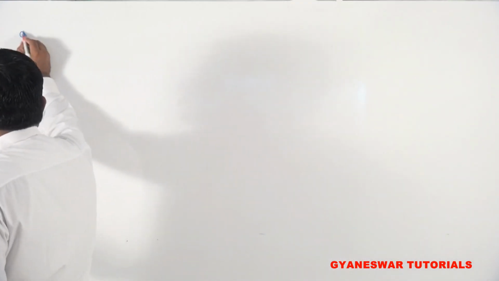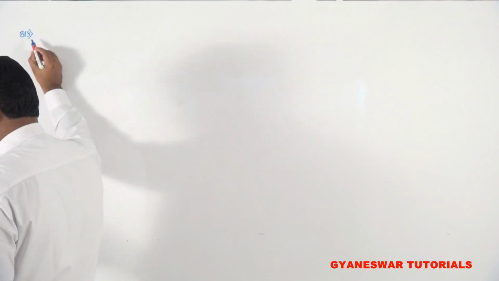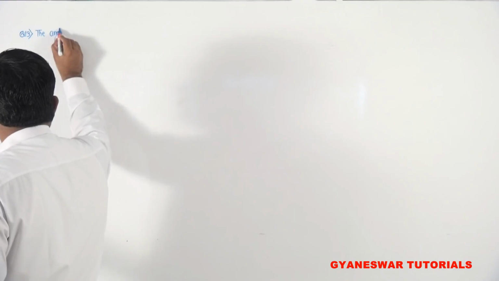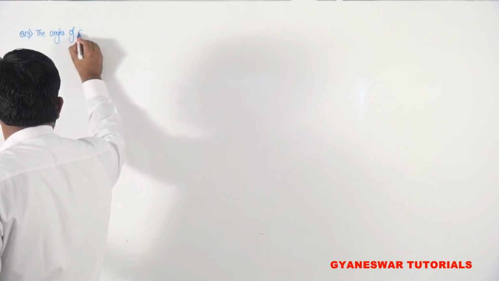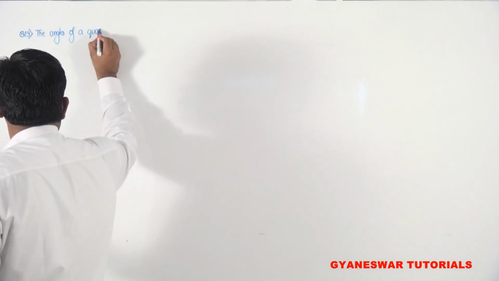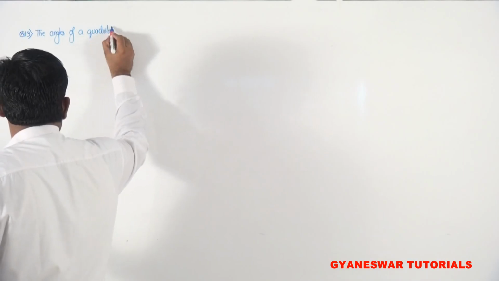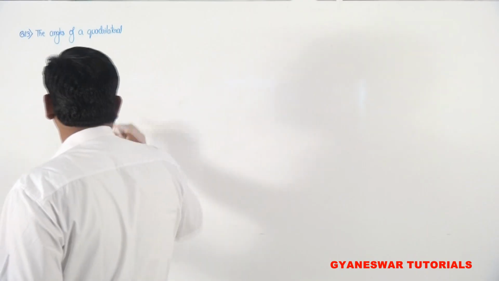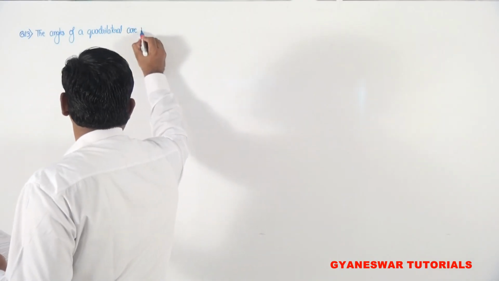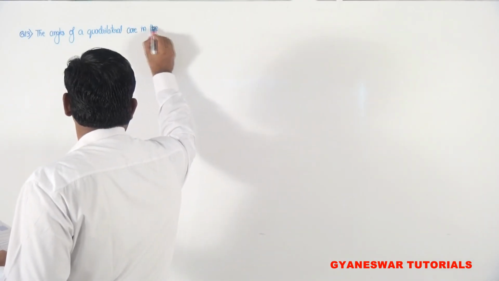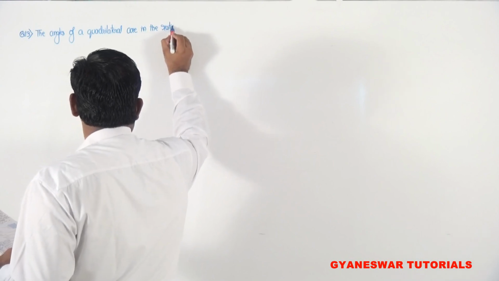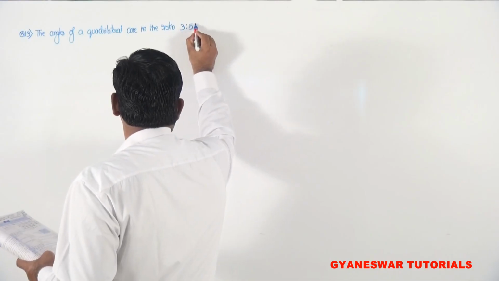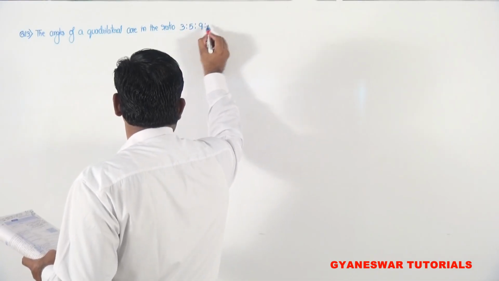Now the question number 13 is: the angles of a quadrilateral are in the ratio 3:5:9:13.